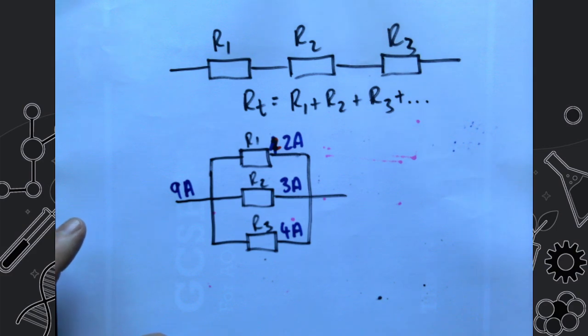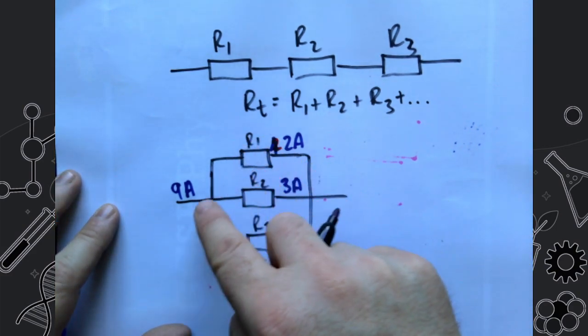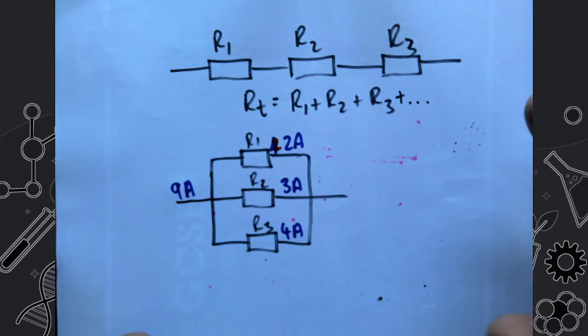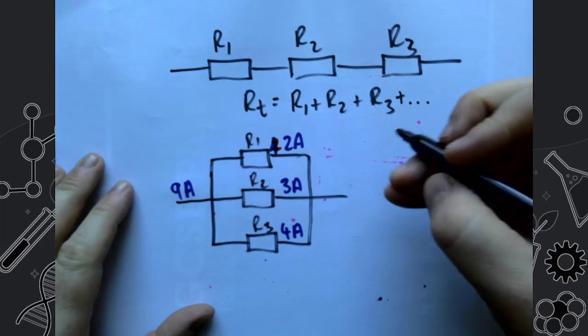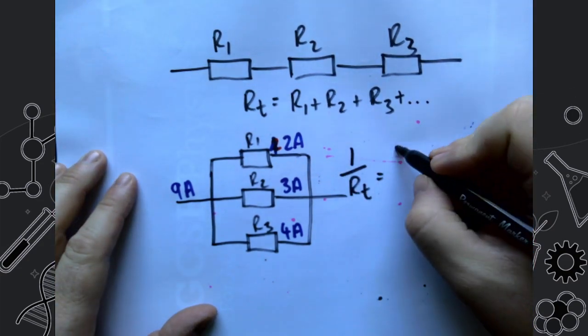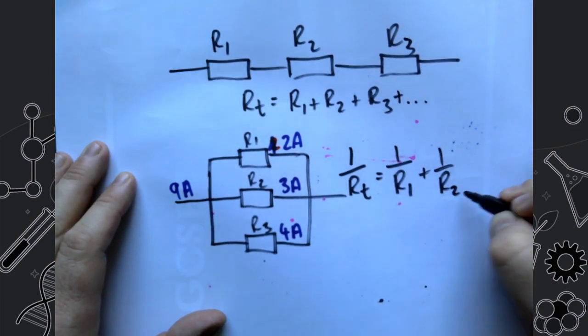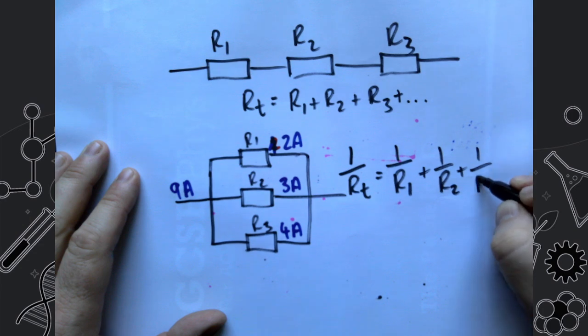Now, how do I calculate using these values for R1, R2, R3 to get 9 amps? I'm going to give you the equation. You don't have to know it, but you have to understand why: 1 over RT is equal to 1 over R1 plus 1 over R2 plus 1 over R3.